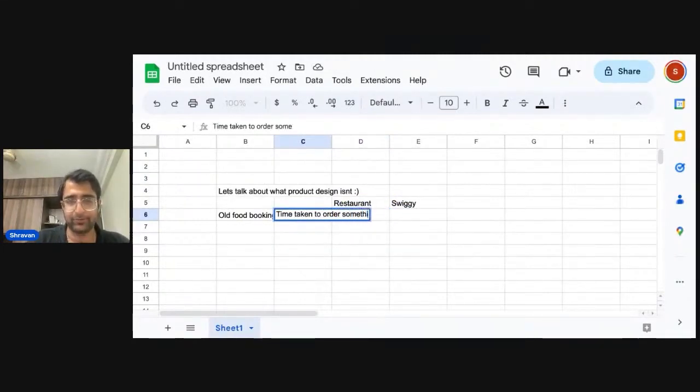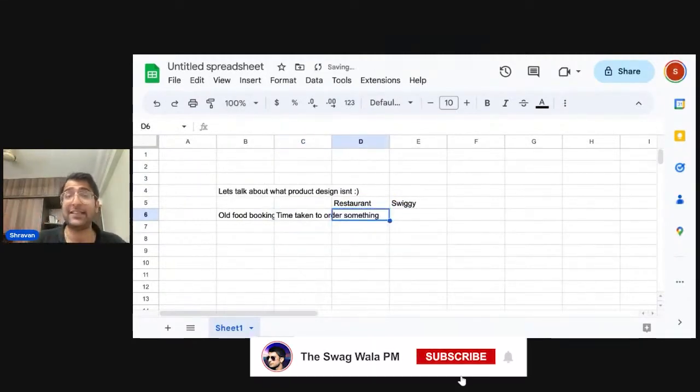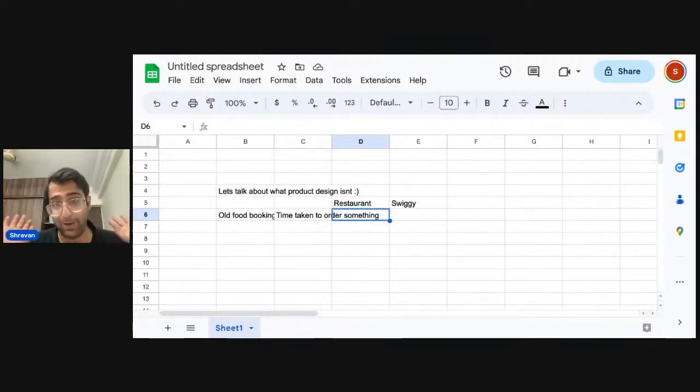Now, time taken to order something. Okay, because it's a restaurant, it doesn't have that many options, that many structures across it. You might find it, you might not find it.